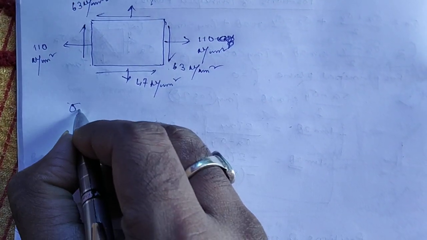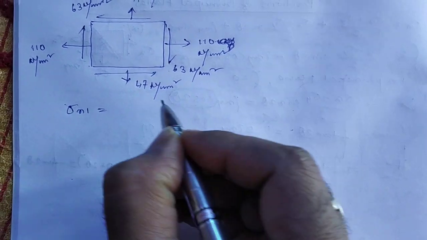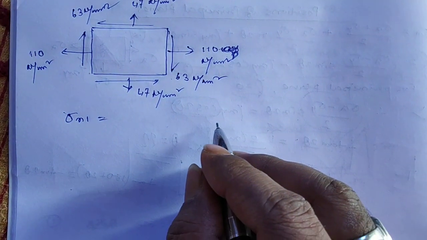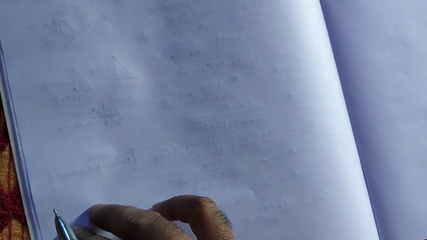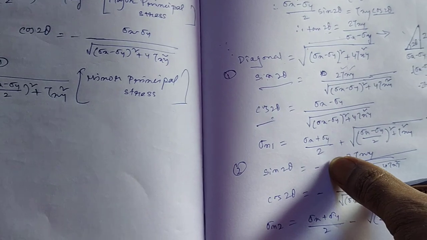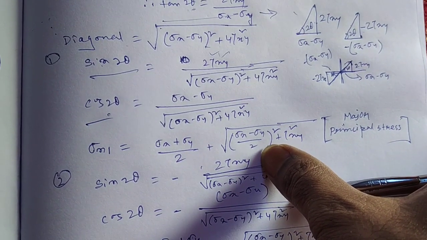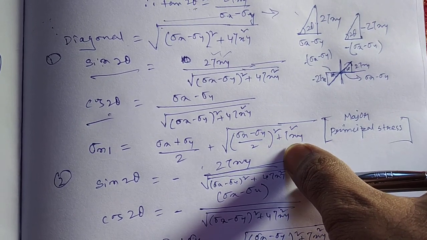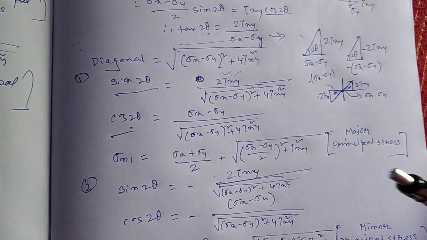What are the equations? For the first case, for major principal stress, suppose we denote it with sigma n1. We have already got this value: it is sigma x plus sigma y by 2 plus the square root of (sigma x minus sigma y by 2) whole square plus tau xy square.